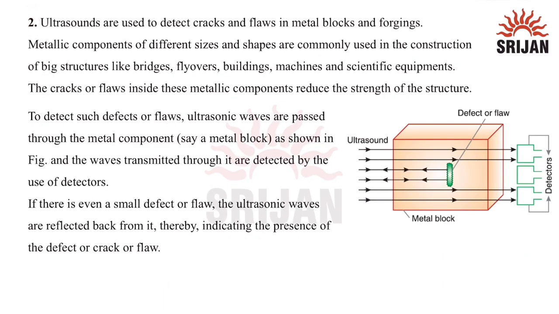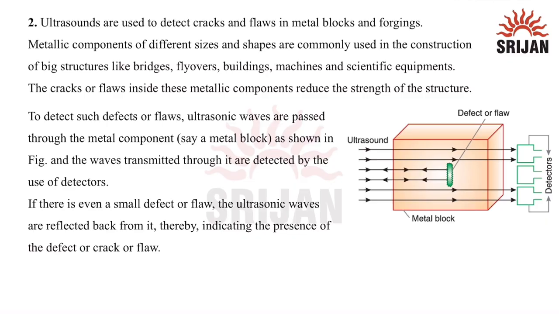Second, ultrasounds are used to detect cracks and flaws in metal blocks. Metallic components of different sizes and shapes are commonly used in the construction of big structures like bridges, flyovers, buildings, machines, and scientific equipment. The cracks or flaws inside these metallic components reduce the strength of the structure, making them unsafe.